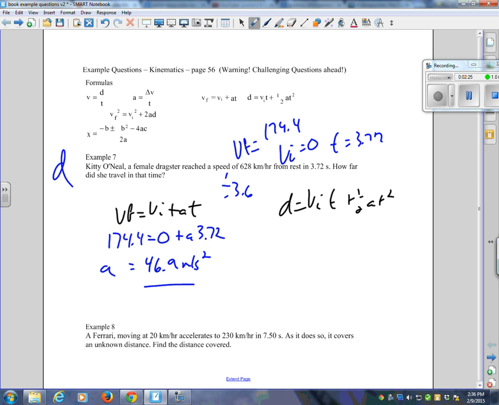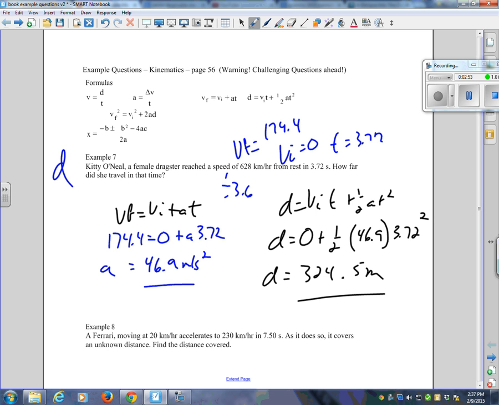Now plug that in over here. Initial velocity is 0. So that is going to be divided by 2 and then times 3.72 squared. I get 324.5 meters.